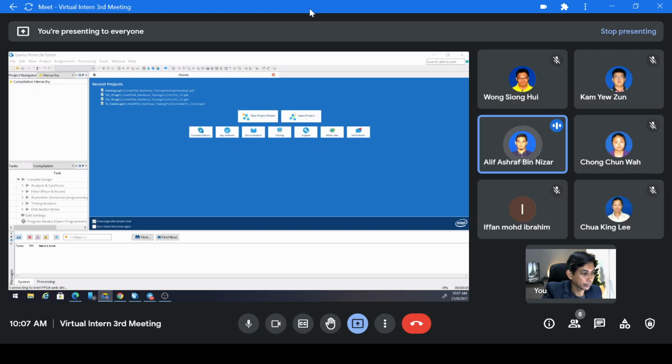Doktor, rakan saya Wong Si Hui memang dah ada kat dalam ni. Oh, okey. Wong Sing Hui tak ada. Asma dia tinggal. Kam Irfan, Asma, seorang lagi lah Asma.